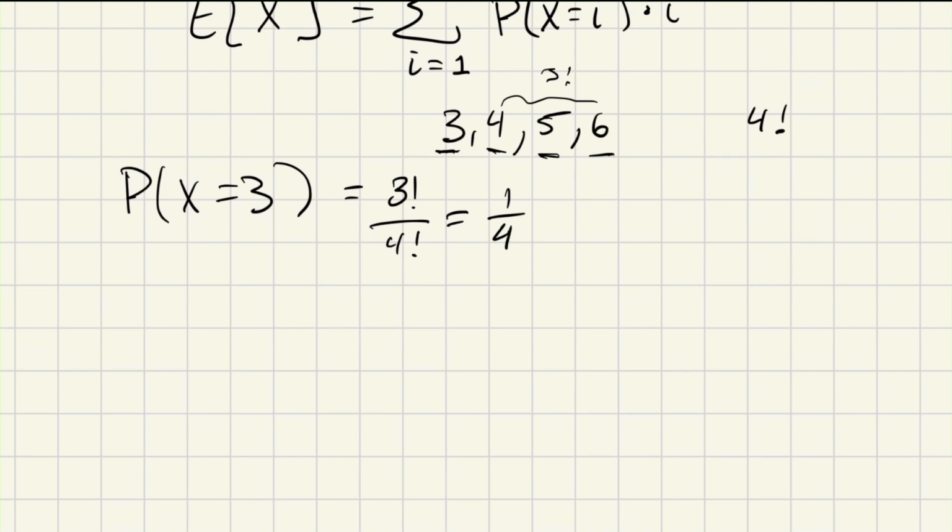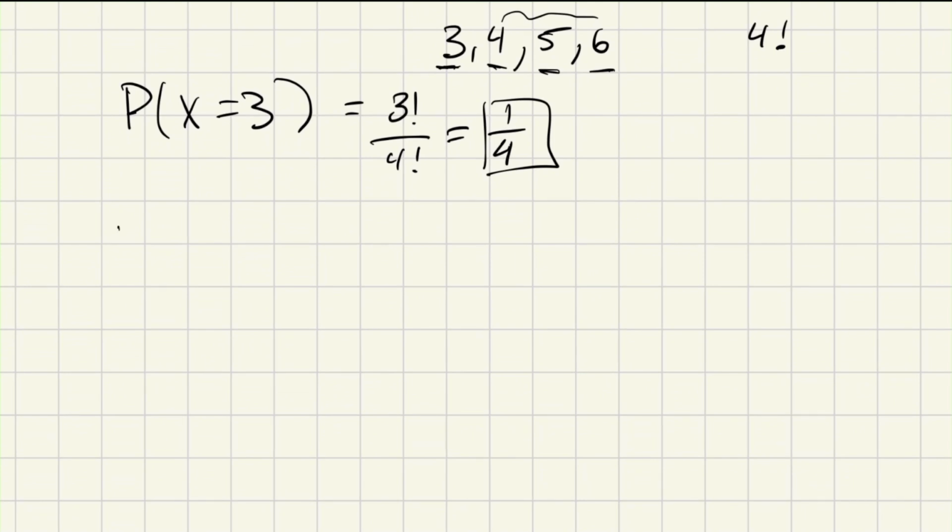The only way 3 can be the max is if 3 goes in slot 1. By symmetry, 3, 4, 5, and 6 each have the same chance of being in that first slot. So since there are 4 numbers, 3 has a 1/4 chance, which agrees with our combinatorics approach.